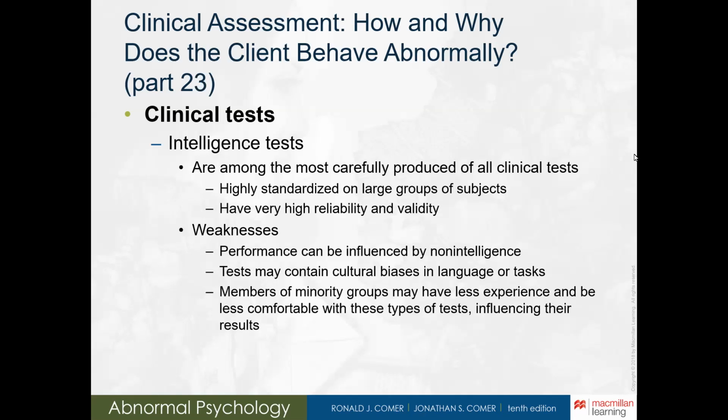When you think about intelligence tests, they are among the most carefully produced of all clinical tests. They are highly standardized by a large group of people and they have very high reliability and validity. However, performance can be influenced by non-intelligence factors. Tests may contain cultural biases in language or in asking to complete certain tasks.